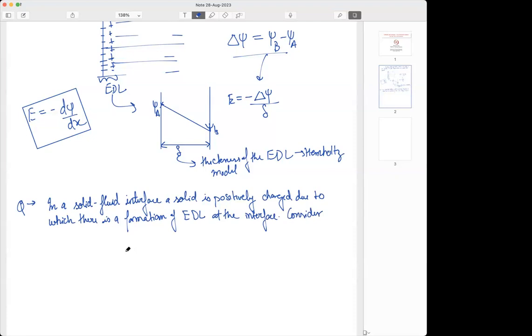Consider a Helmholtz double layer model to model this EDL.